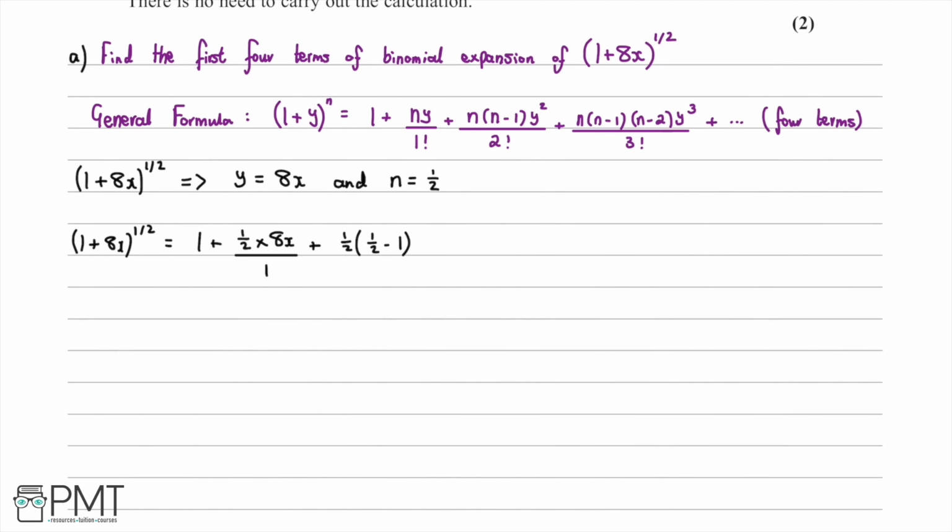We multiply that by 8x all squared. So we've got to remember we're going to square not only the x but the 8 as well. And then this time we're going to divide that by 2 factorial.